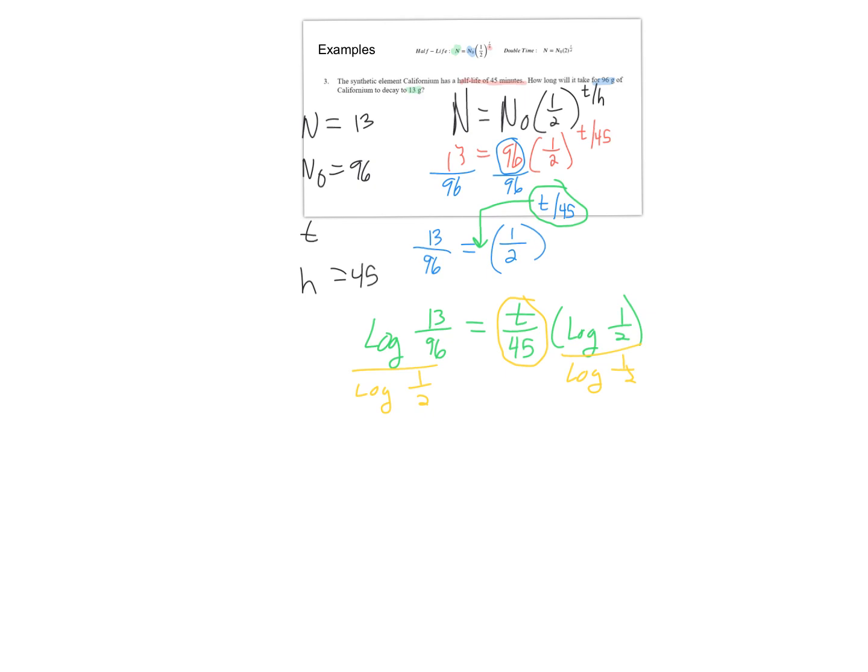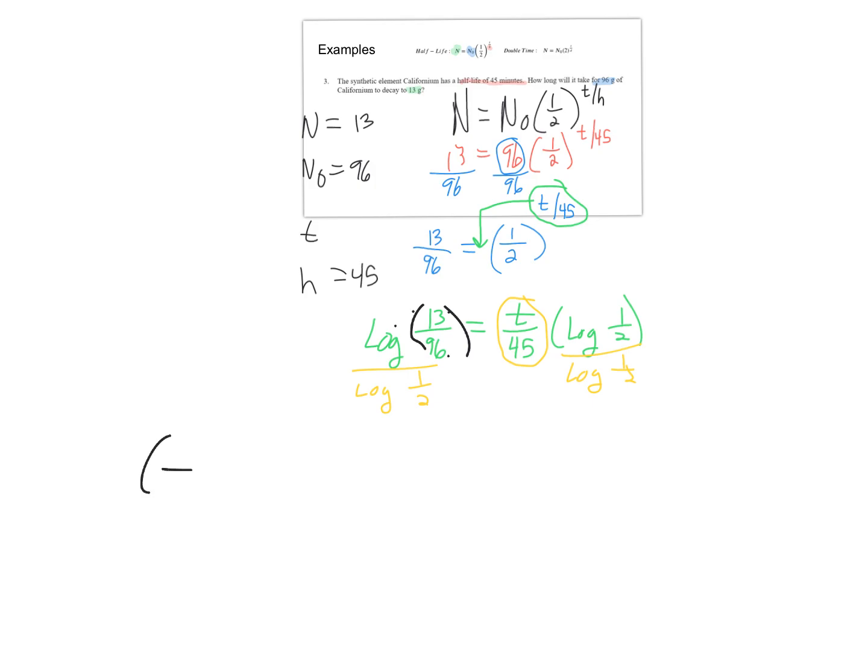Some of you with a graphing calculator or an advanced scientific calculator can type just log of 13 over 96. But make sure you're using the parentheses. So log 13 divided by 96. Close the parenthesis, hit equal. And this is what you should get. If you do not get this, you need to go back and look at your calculator.